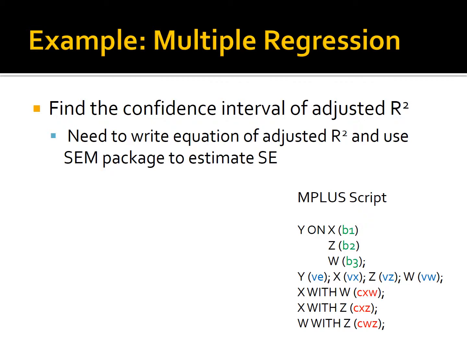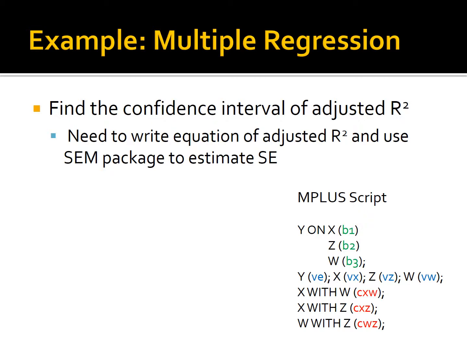Because we forget about R right now, I use the Mplus script, and I think this is easier to understand. So for y on x, we name it as b1, the regression coefficient of y on z I name it as b2, and regression of y on w, I name it as b3.